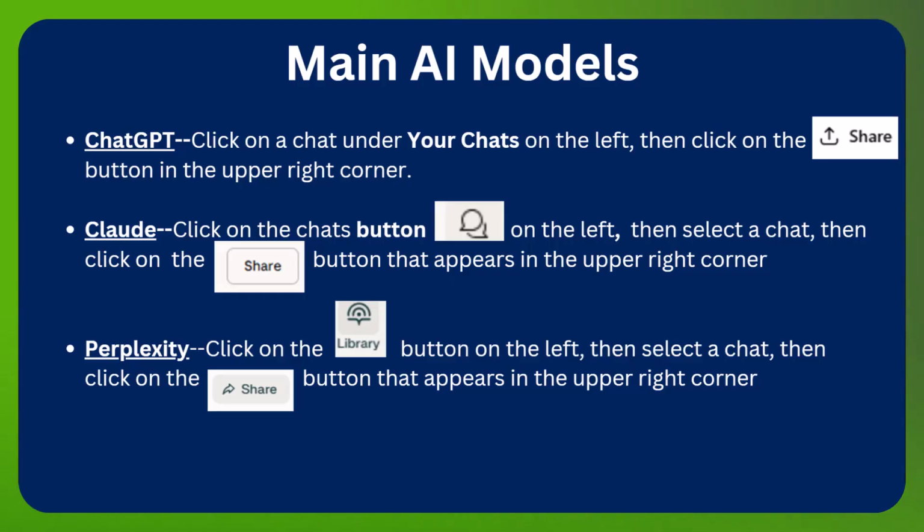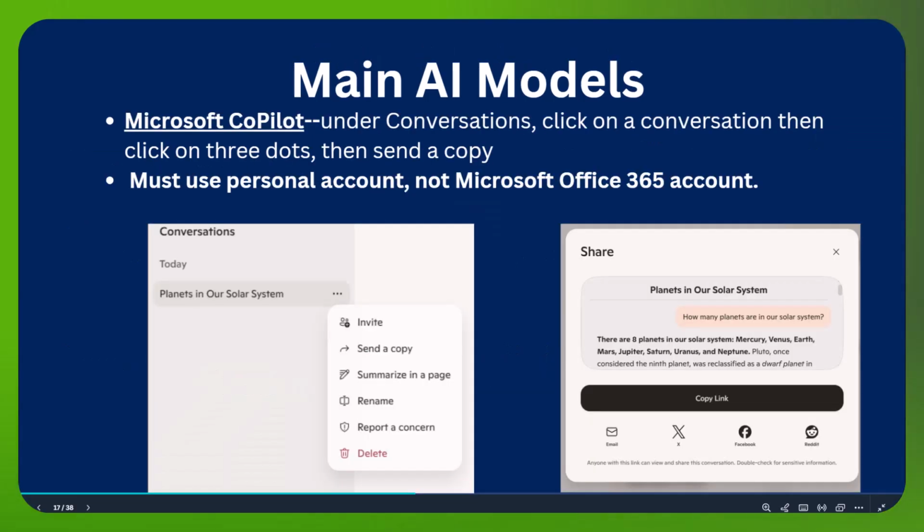Here are instructions on how to create a specific URL for a chat in ChatGPT, Claude, and Perplexity. They all involve clicking on a Share button. And finally, there is Microsoft Copilot. You have to create your own account.